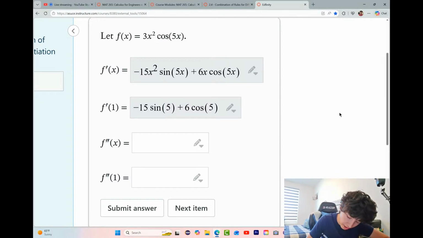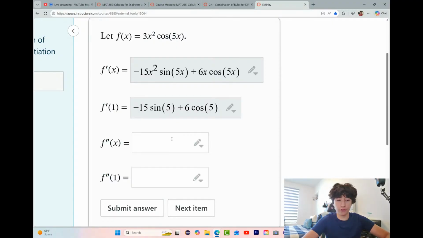We simplify what we can. 6 times 5 is 30, so negative 30x sine of 5x plus 6 cosine of 5x.